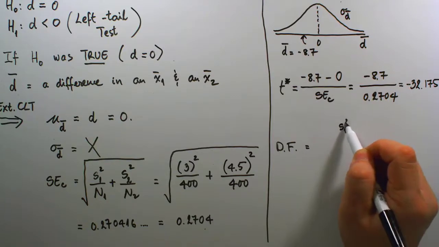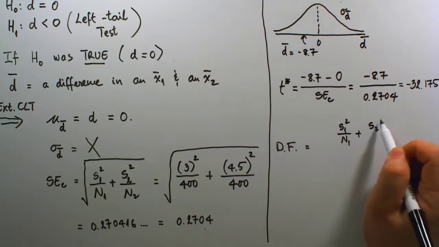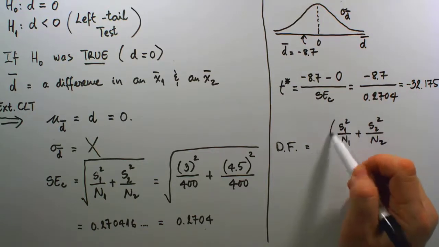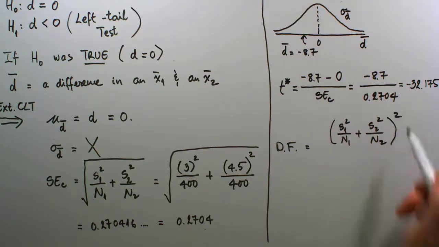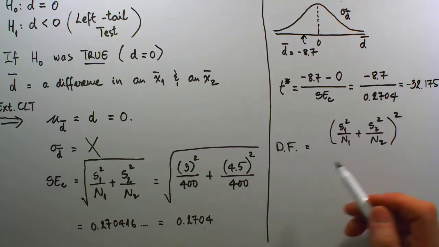S1 squared over N1 plus S2 squared over N2, all squared. And that's not all there is for the degrees of freedom formula.